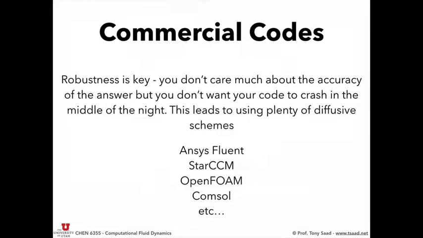You can't just run a complex boiler flow, go for the night, sleep, come back the next day, and the simulation has crashed. You can't afford to do this. So commercial codes sacrifice accuracy and correctness in numerical implementations for the sake of robustness. And that's okay, because the role of a commercial code is to give you an idea of where you need to start your experiments.